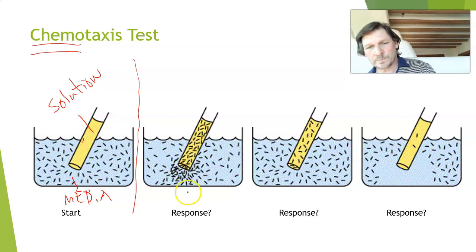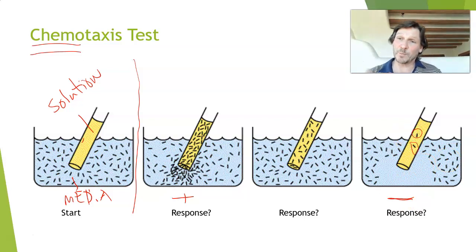This one is negative because they're actually moving away. But notice there's two little ones that got trapped in there. Because remember, run and tumble, run and tumble. So one little one, when it was here, when it first started, got tumbled in here. And no matter what it does, it got trapped. So a few of them did get trapped in there, right? But if you look, the vast majority could run and tumble away.